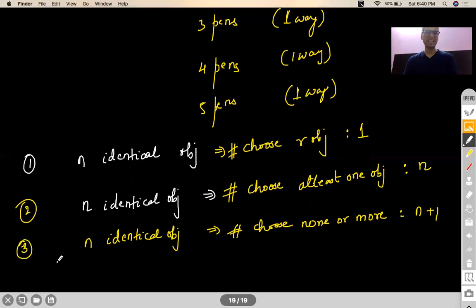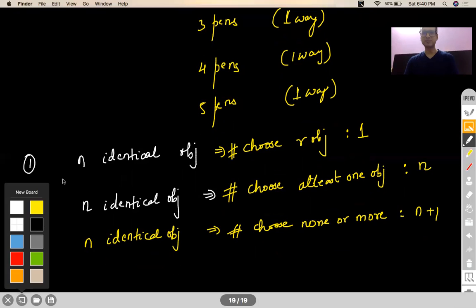Let us start with a question. If you have understood this concept and it sounds very easy to you, let's do a question. The question is, let's say there is a fruit basket.